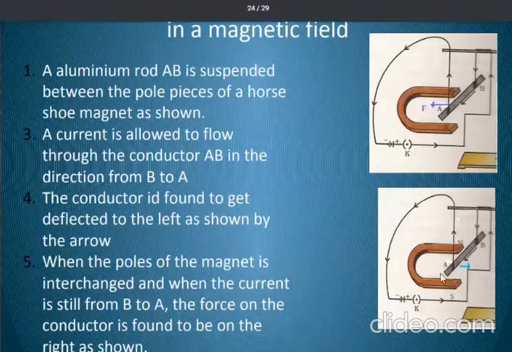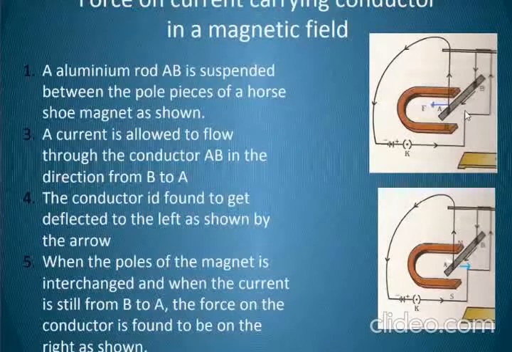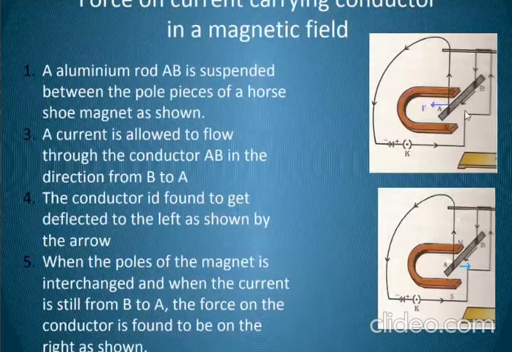So it means that from these activities, whenever a current carrying conductor is placed near an external magnetic field or external magnet, the current carrying conductor experiences a force, and the direction of force depends on the direction of current flowing through the conductor or the direction of magnetic field or polarity.